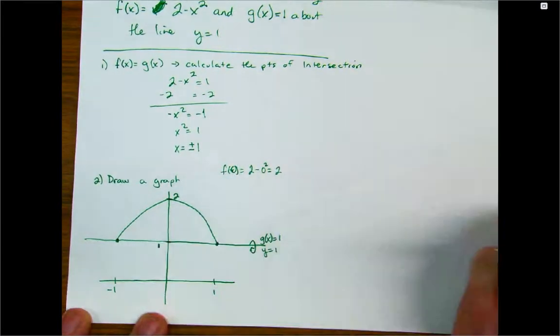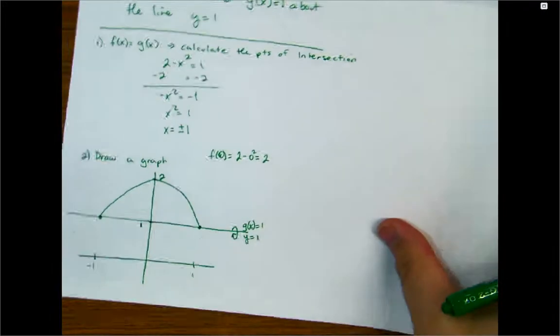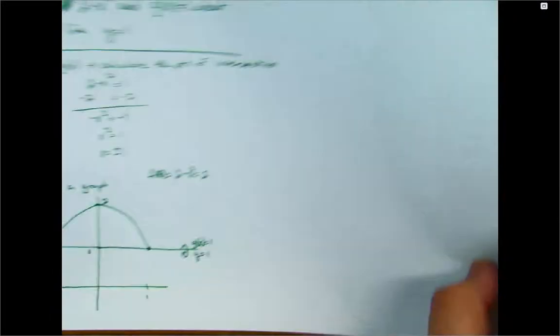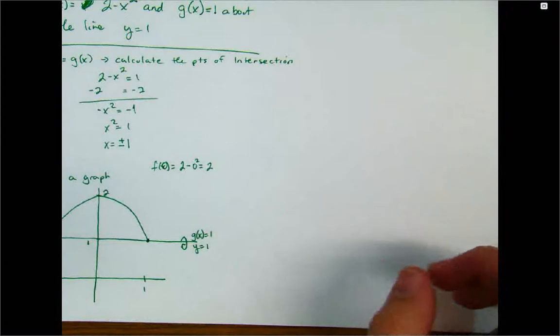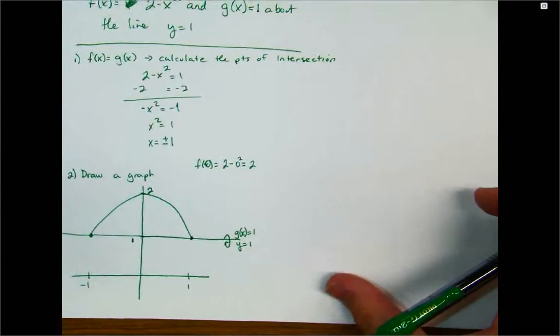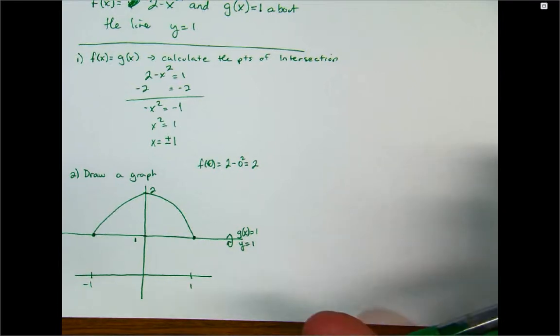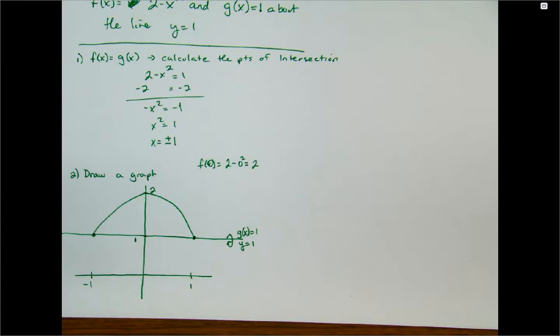So it's going to look kind of like this. Does that make sense how we came up with that graph? In this case, no. The x-axis doesn't come into play at all, outside of helping us graph points.